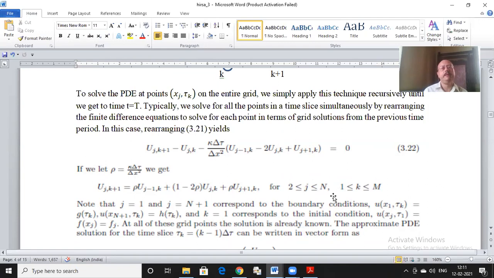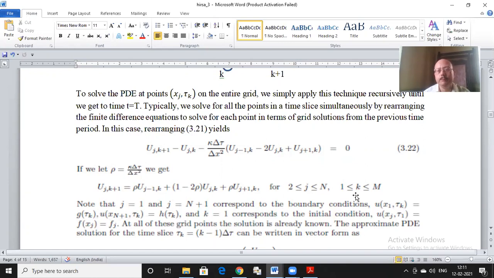Remember, for j equal to 1 and j equal to the last one, I already know the function from the boundary conditions. Boundary conditions are known functions, as we have already assumed. So I need to solve for the inside of the box. So u x1 tau k is g tau k, u xn plus 1 tau k is h tau k.